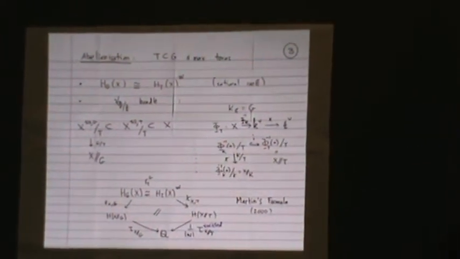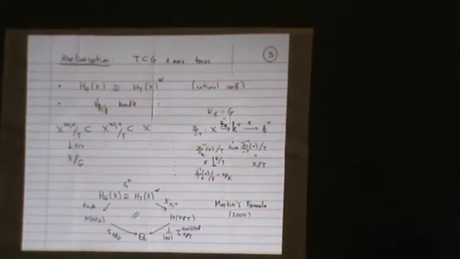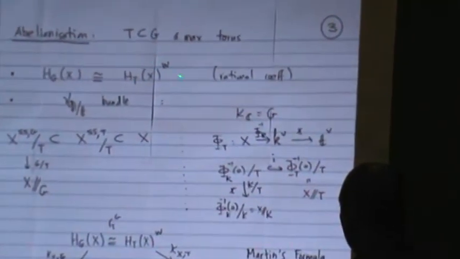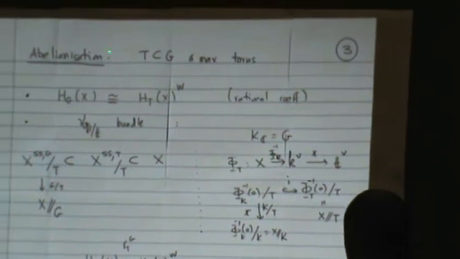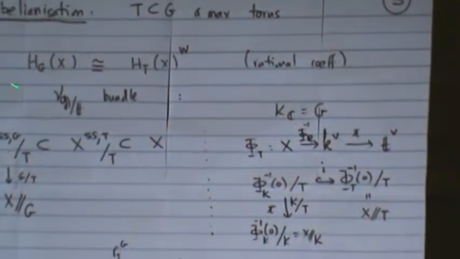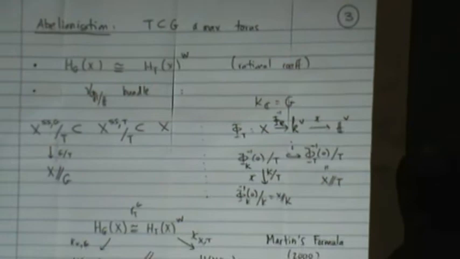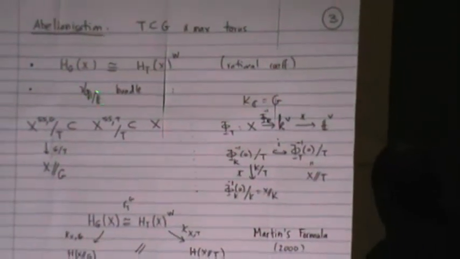Standard localization. Okay, so the abelianization for the homology is just what you look at, the Weyl invariants of the equivariant homology with respect to the maximal torus, and that reproduces entirely the usual equivariant homology. So there is a bundle associated with this diagram.